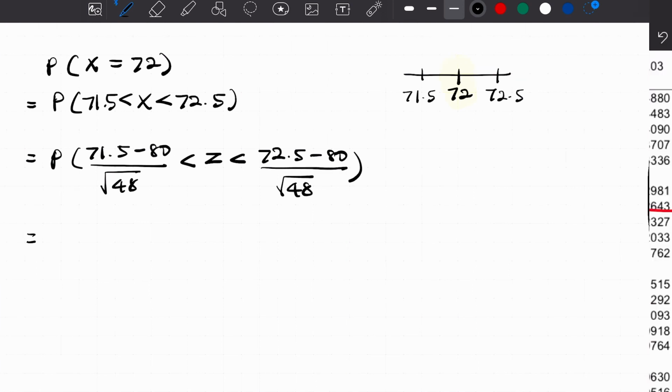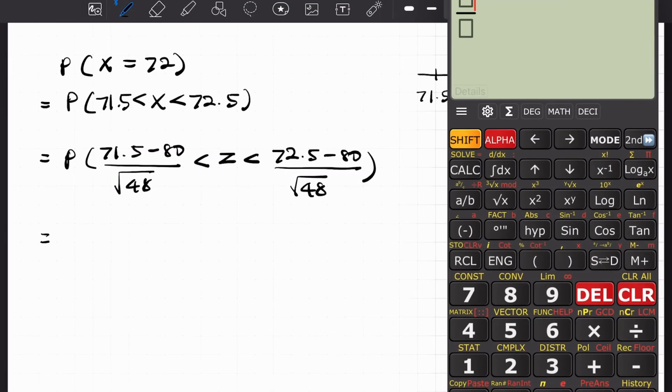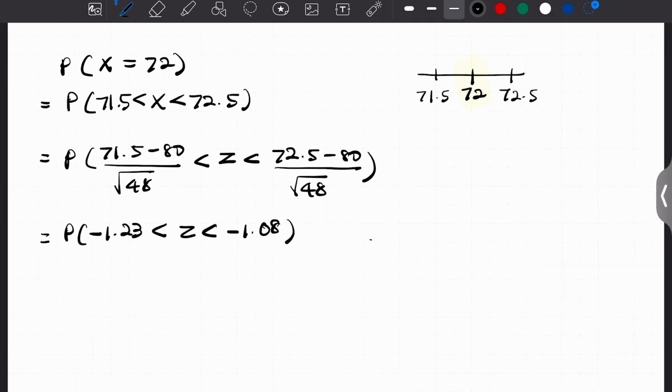What's the value of the Z-score first? 71.5 minus 80 divided by square root of 48 gives negative 1.23, and the other is negative 1.08. Let's draw a bell shape.